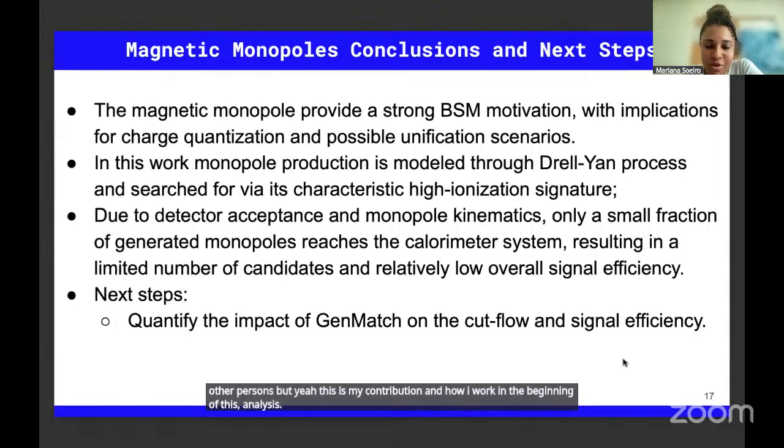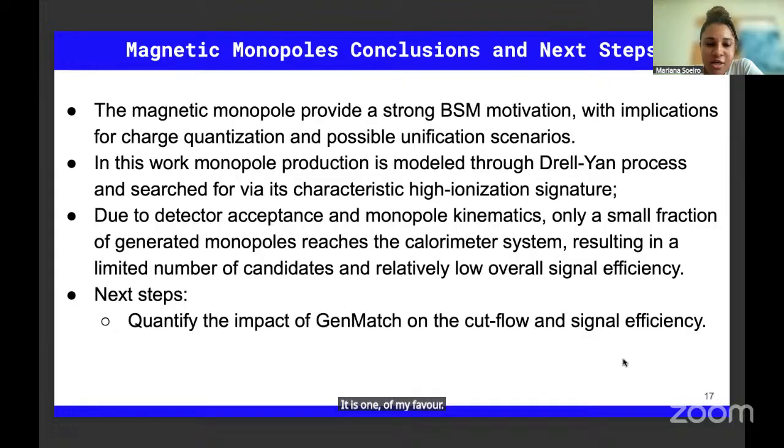It is one of my favorites. For the next steps, I intend to talk about the GMAT, but if I don't, this is my contribution considering the candidate parts and the events comparison.